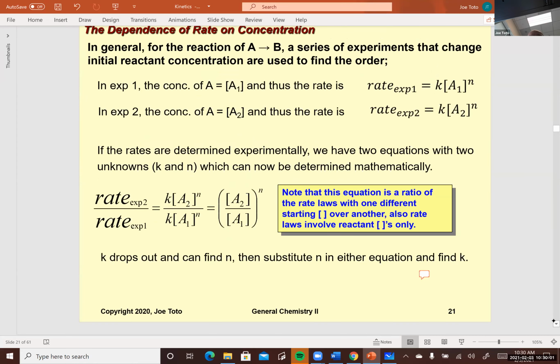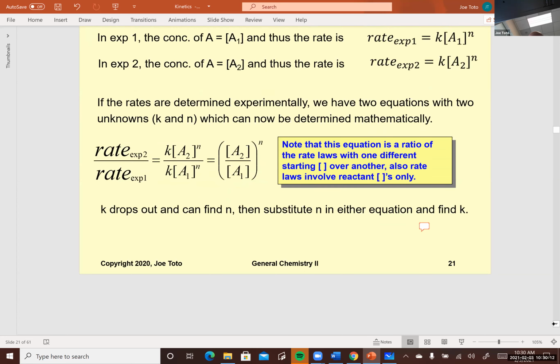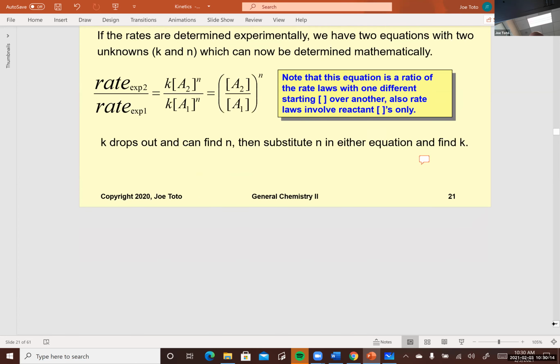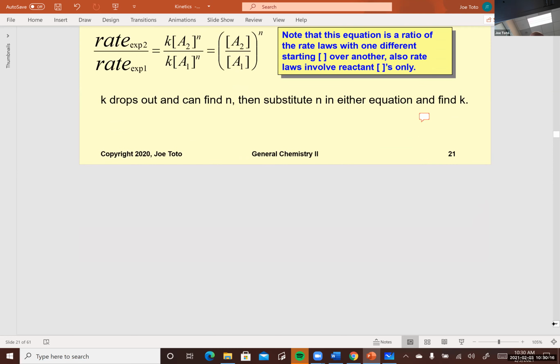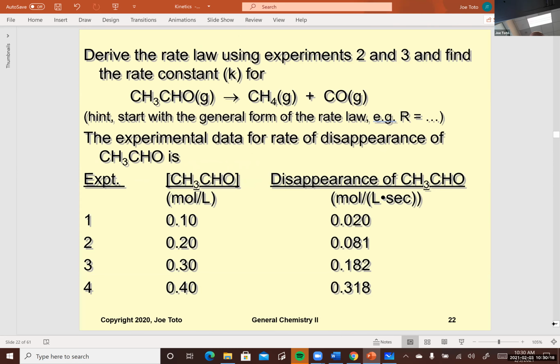Okay, and so it talks about that a little bit more on this slide. And I think it asks you to do an example in the next one. Yeah. So here you're probably waiting, okay, let's see an example of how to do this. And so this slide talks about that.